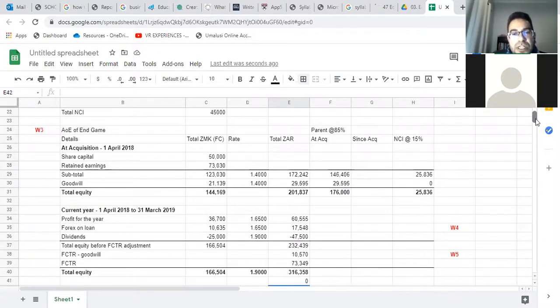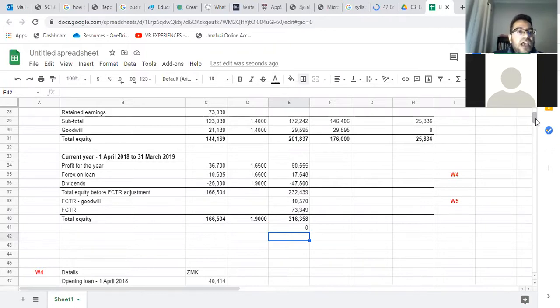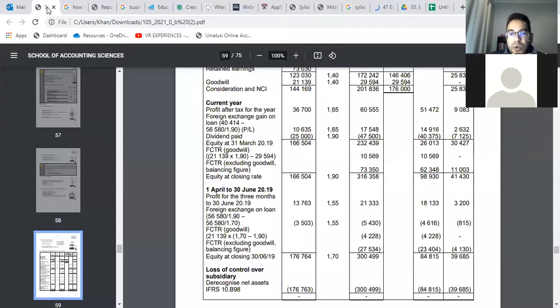Now we need to split between what belongs to the parent and what belongs to NCI. That is going to be the next step. So what belongs to the parent and what belongs to NCI.